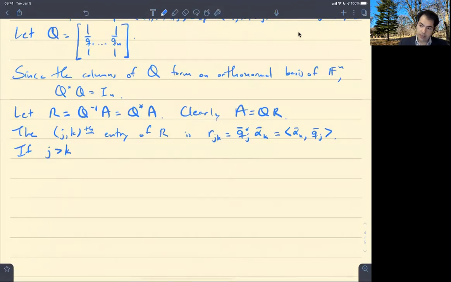If j is greater than k, then alpha k is in the span of Q1 through Qk, and Qj is orthogonal to the span of Q1 through Qk.